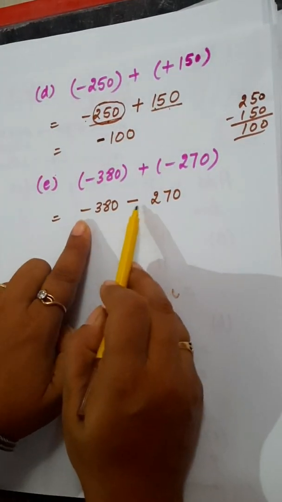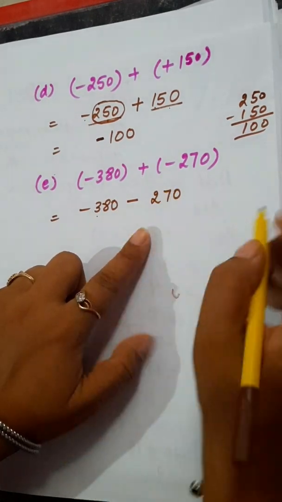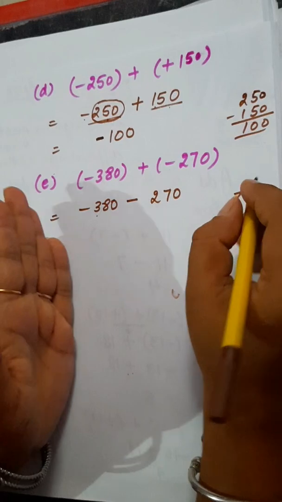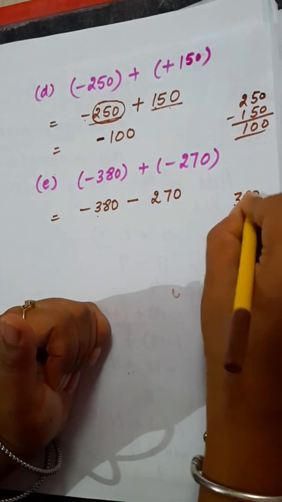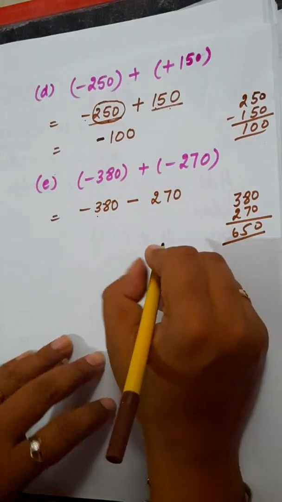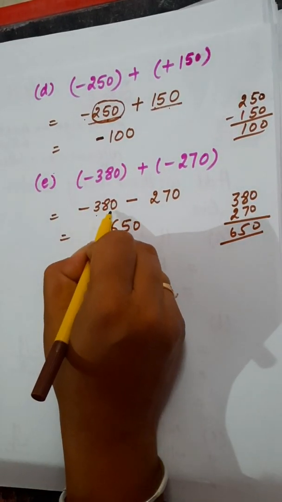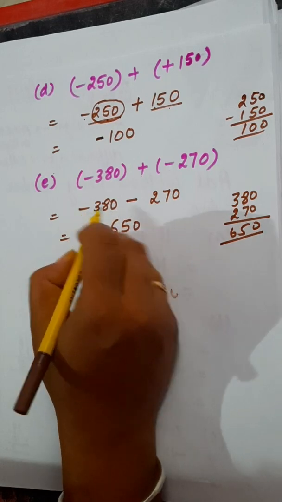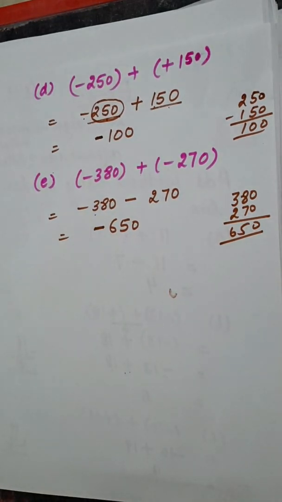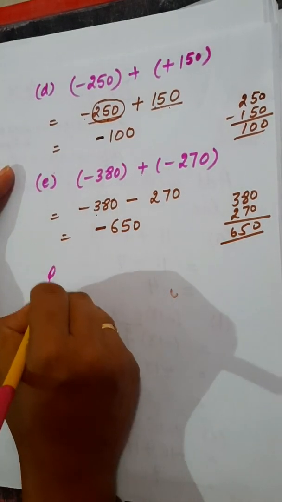Now both have same sign, negative integers. Whenever you have the same sign, always, because both have same sign, just add. So if I add, I will get 650. And here 380 has the greater numerical value and has negative sign, so I will write minus. Now next I have F part.